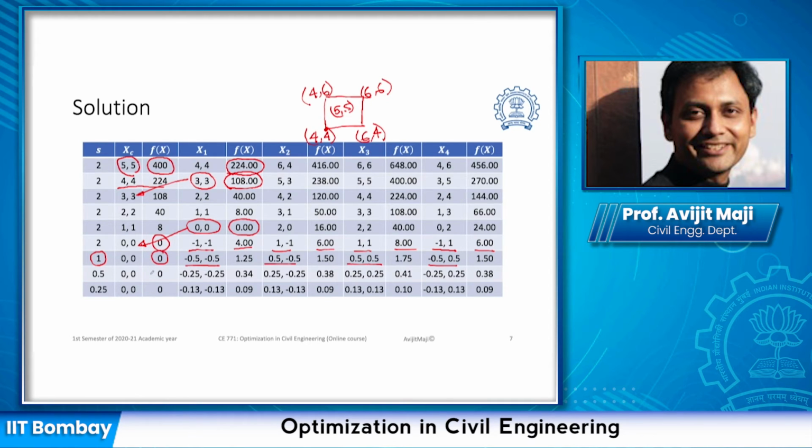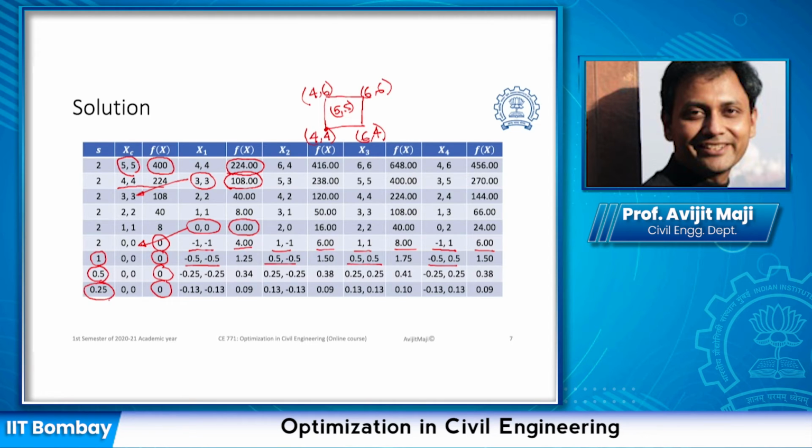So we further reduce the step size to 0.5, and again check, and the same thing repeats. So we reduce it further to 0.25 and check, and find this to be the optimum point.